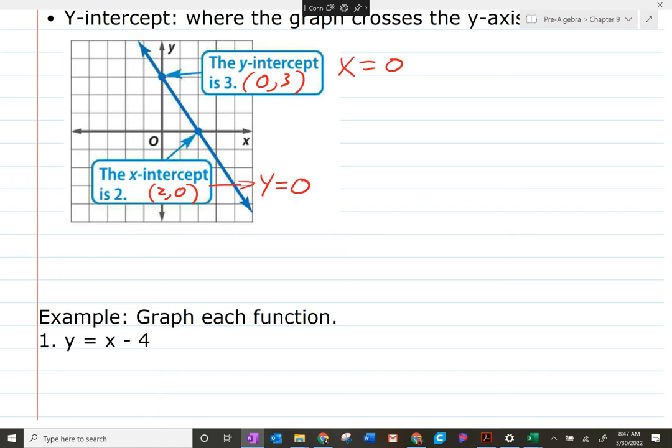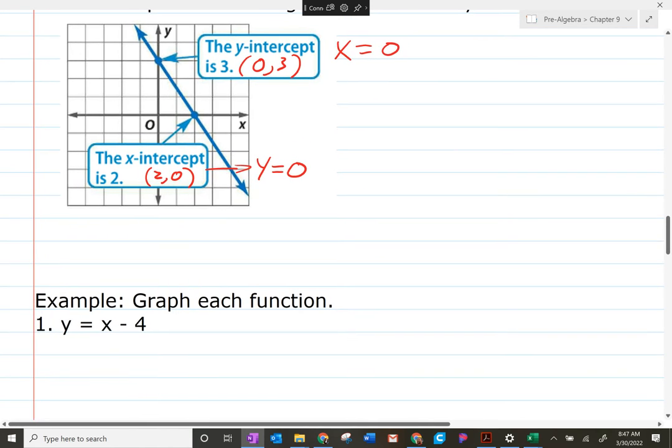I will help you out on this one. For this one, instead of having y equals x minus 4, what I'm going to do is substitute 0 for x. So this one's where I'm looking for my y-intercept. For my y-intercept, I substitute 0 for x.